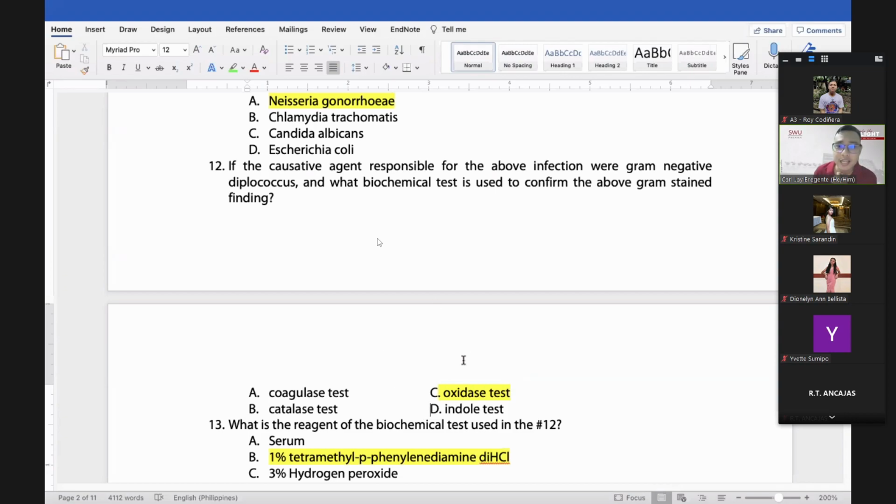For this, the best answer is the oxidase test. Most of the Neisseria species are oxidase positive. Although some of them are catalase positive, other bacteria are also catalase positive. So the best answer here is the oxidase test.